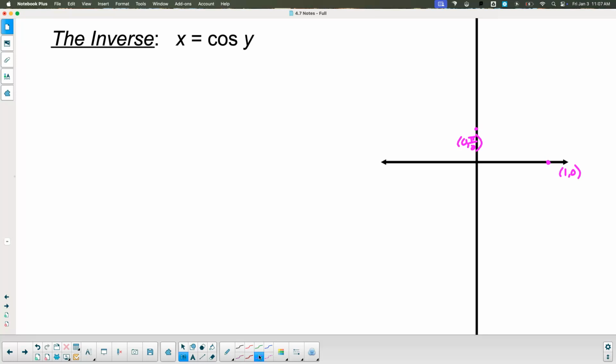Then we went to pi, -1, right? So that flips to -1, pi. Then we went to 3 pi over 2, 0. Then we went to 2 pi, 1.